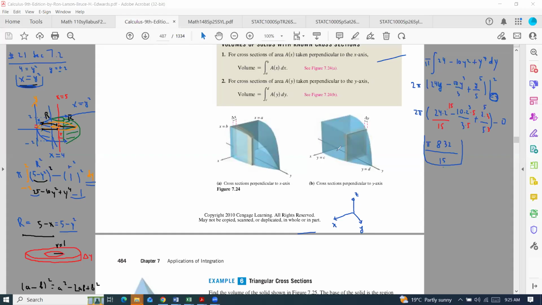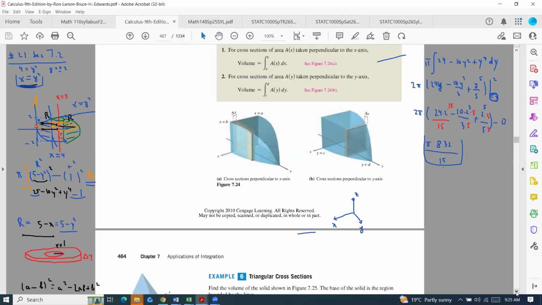Well, here's x, here's y. Anyways, we're not going to worry about it, but the point of the story is that if you know the area of that square or whatever you have in the cross section, you multiply it by the thickness delta y and you get the value you need, and then you add all these together, and that's how you get the limit of a sum. So let me maybe trace one of these examples here.